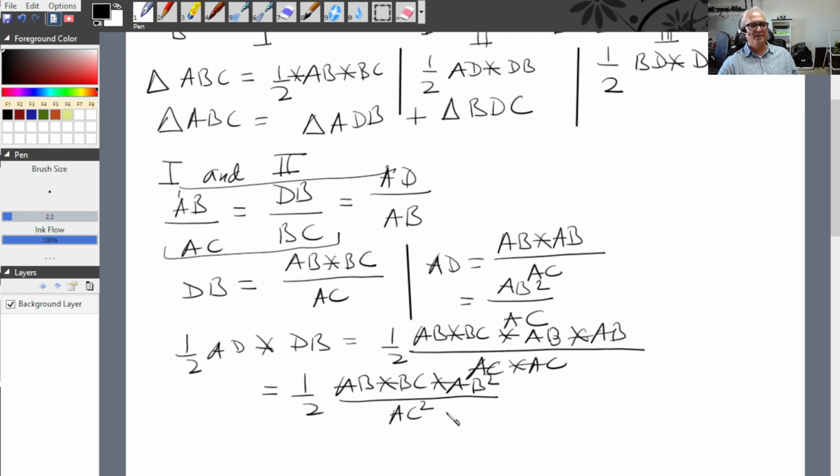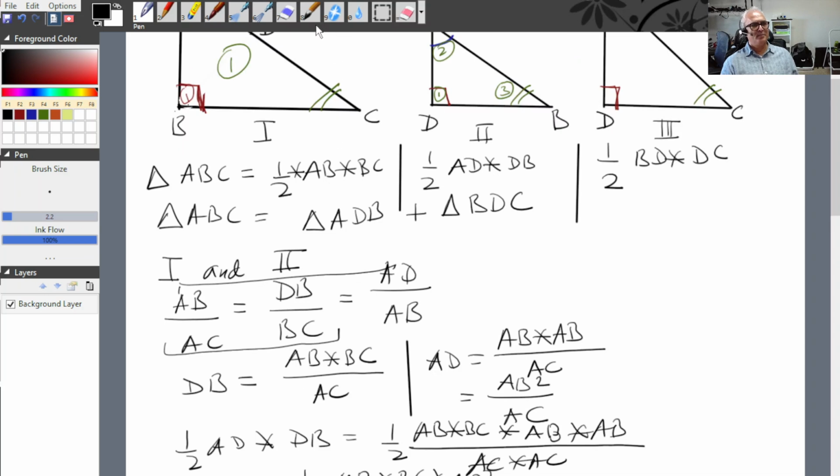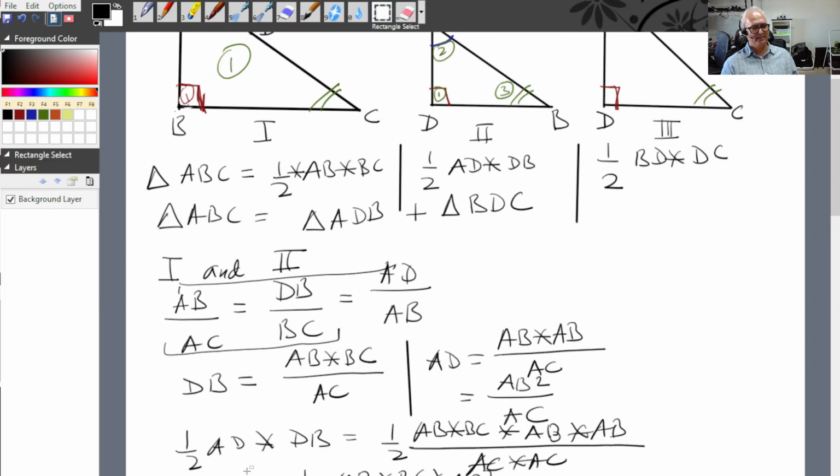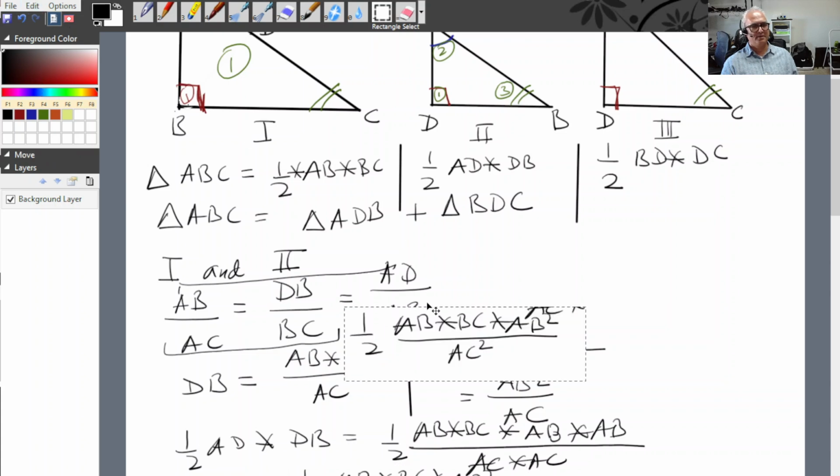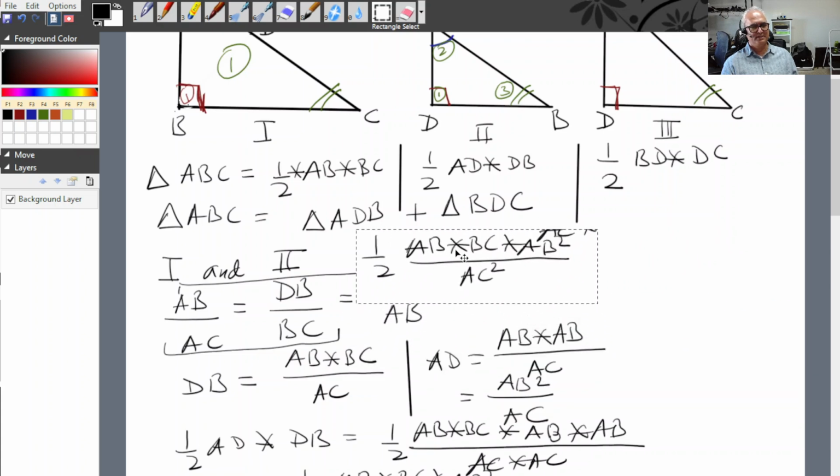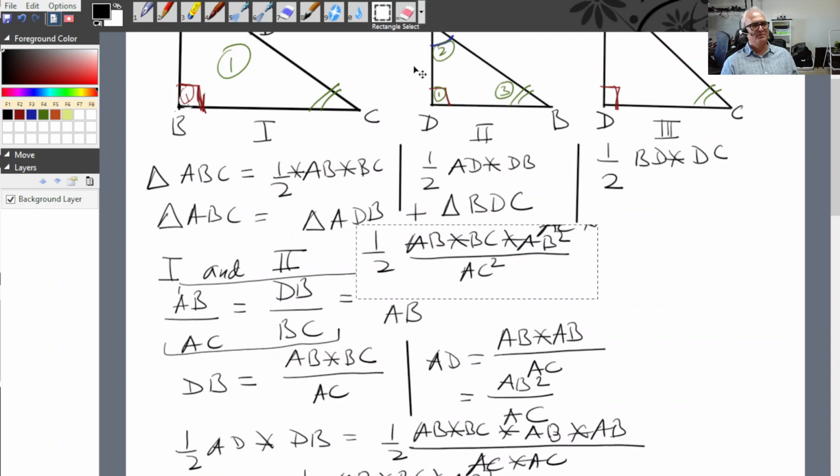You'll be tempted to make it AB cube, but let's not do that, and you will see the reason pretty soon. So let's copy this over here so that I can reuse the real estate for the third triangle.